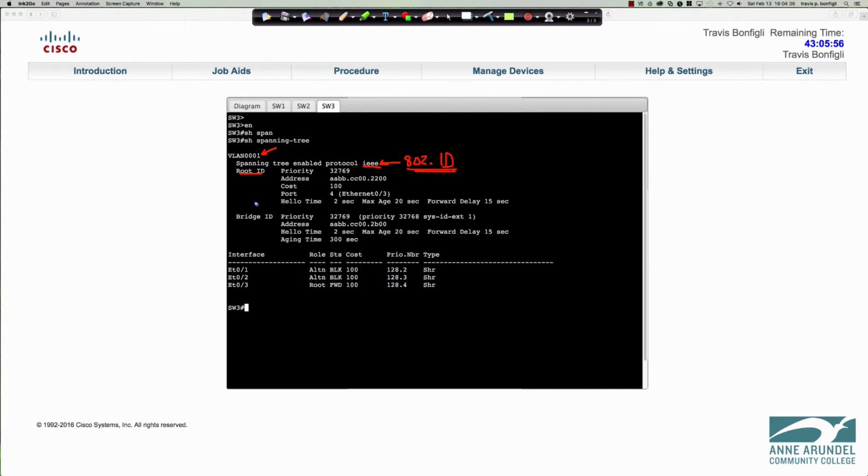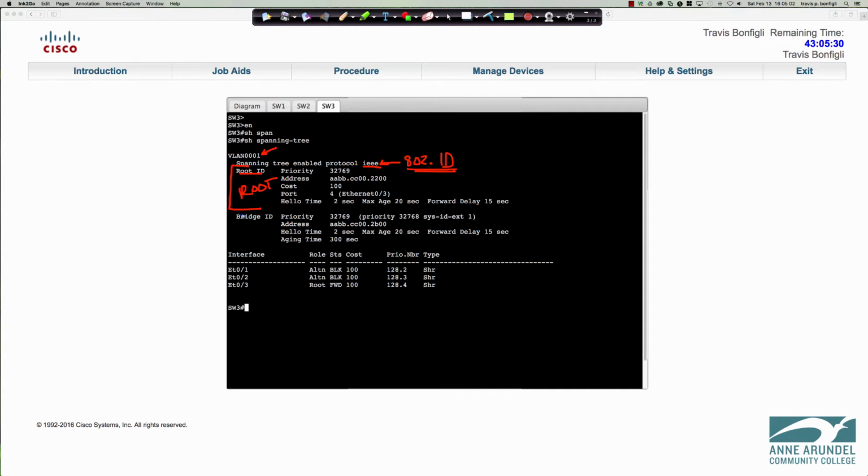Remember, one of the most important things that spanning tree does is it defines a root bridge. Now, you could just as easily say root switch. However, since this was all developed back when bridges were all the rage, the term root bridge has simply stuck. So this information right here is all about the root bridge, right?